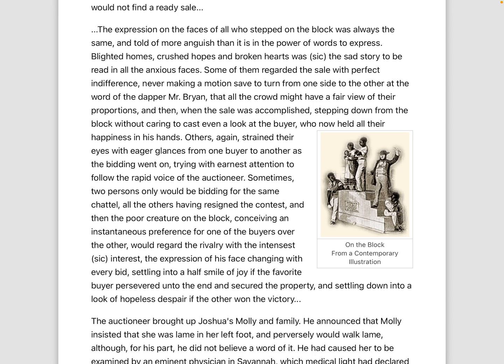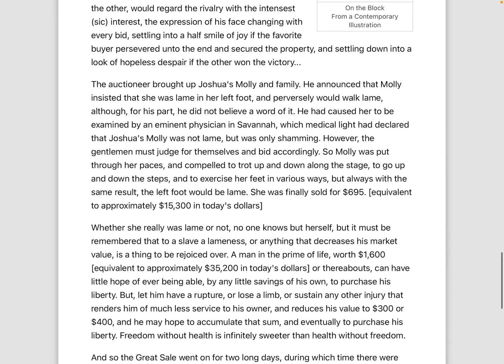Sometimes 2 persons only would be bidding for the same chattel, all the others having resigned the contest, and then the poor creature on the block, conceiving an instantaneous preference for one of the buyers over the other, would regard the rivalry with the intensest interest, the expression of his face changing with every bid, settling into a half smile of joy if the favorite buyer persevered unto the end and secured the property, and settling down into a look of hopeless despair if the other won the victory.